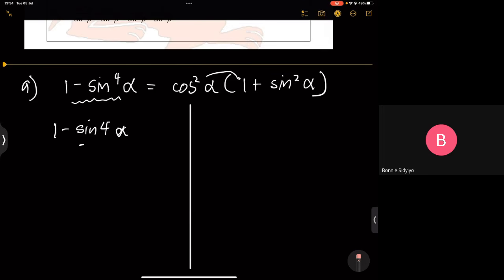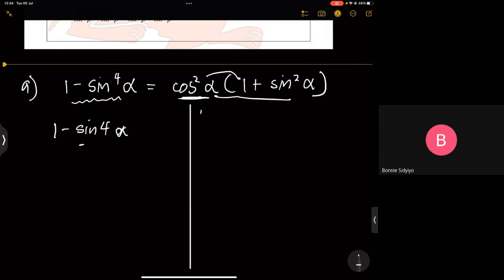So look at the left-hand side. What does it have? 1 minus sine to the power 4 of alpha. Is it possible to write the right-hand side in such a way that you end up with something that kind of looks like the left-hand side? Now think about it. Can I write cos squared of alpha in such a way that it has sine in it?